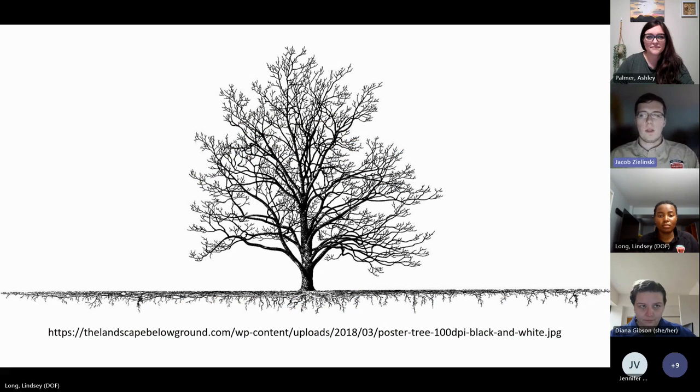So we're going to start off with just the basics of roots. This right here is an open grown tree. I'm sure many of you are familiar with tree form in general, but trees that are grown in the open often spread out like this. They don't have anything growing up next to them. They spread out really far. And you'll notice that all this root tissue is actually staying up on that surface.